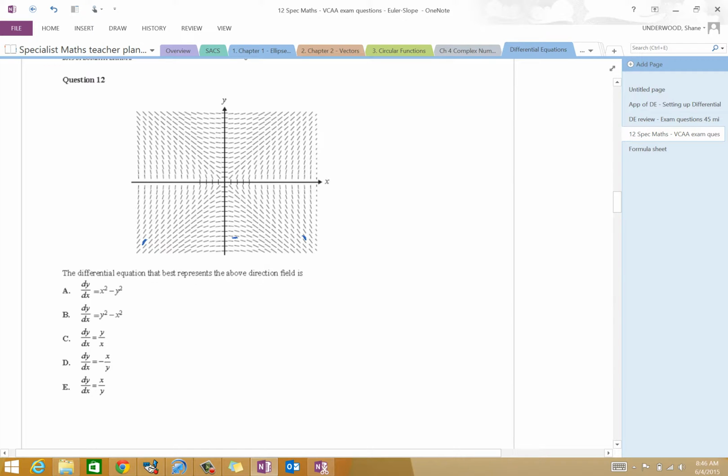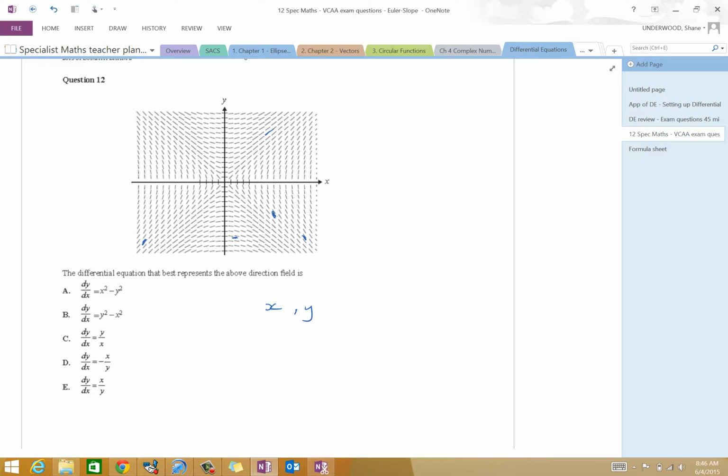So as x changes, the slope does change. So it definitely contains x in it. And it definitely contains y in it as well, because as we go up in y, you can see here that this slope is different to that slope. That's always the first thing you do, okay?